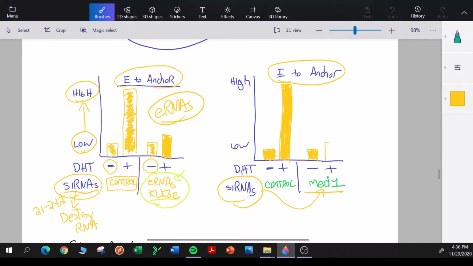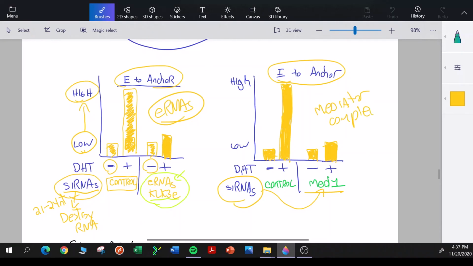And as a result, they didn't get nearly as significant an increase in bringing the KLK3 enhancer in close proximity to the KLK2 gene promoter. So what this is telling us is that the mediator complex is important.